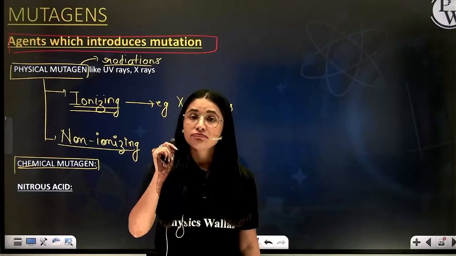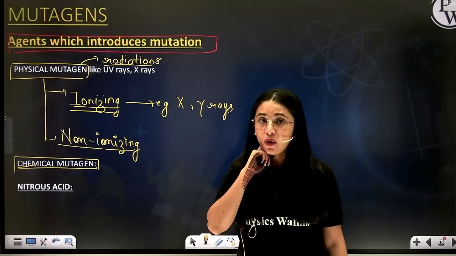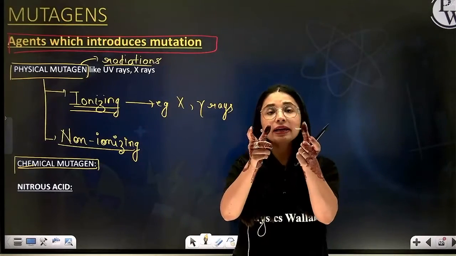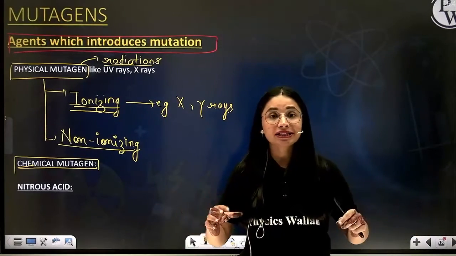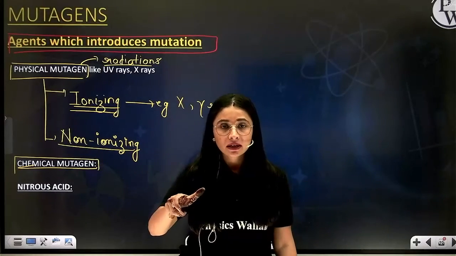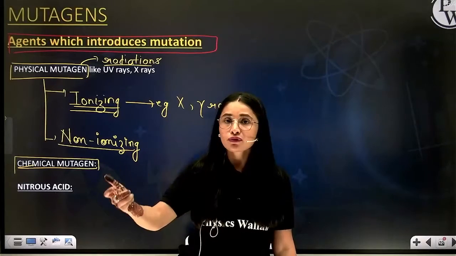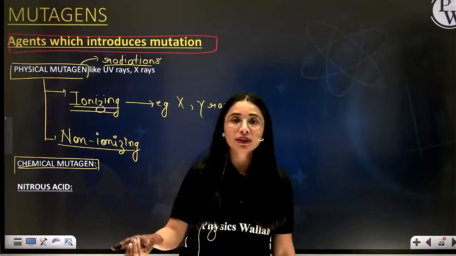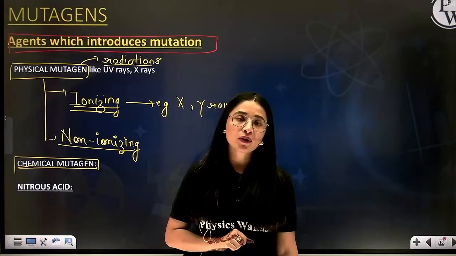They can cause mutations. How? Because these X-rays and gamma rays can cause breaks in the chromosome. Now imagine if that chromatin fiber, that chromosome breaks, then obviously the number of chromosomes will change, causing the mutation, causing the change in the genotype and phenotype of an organism.